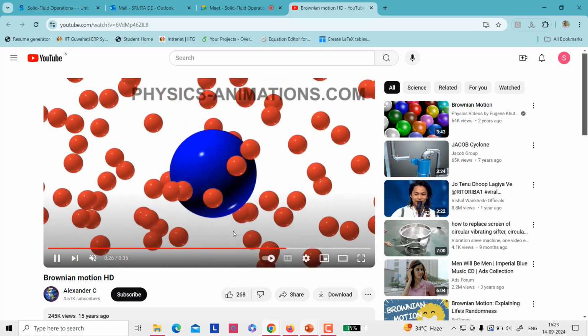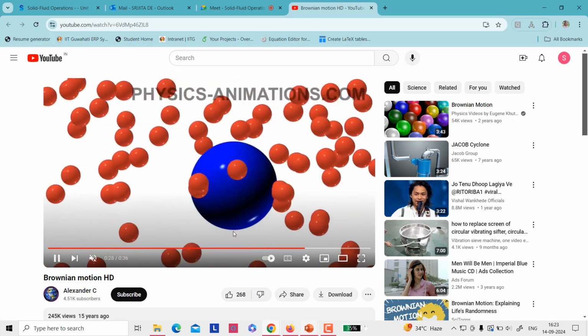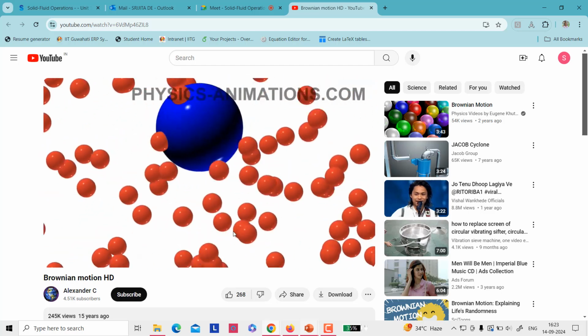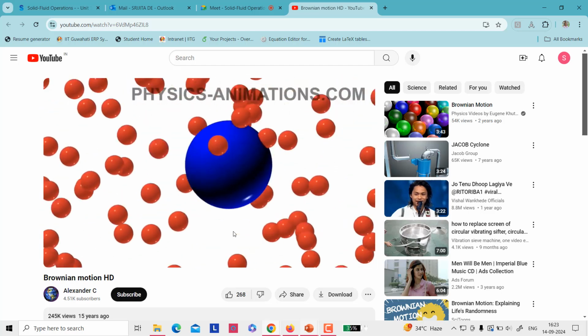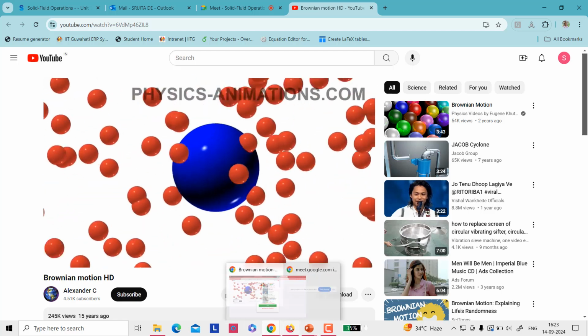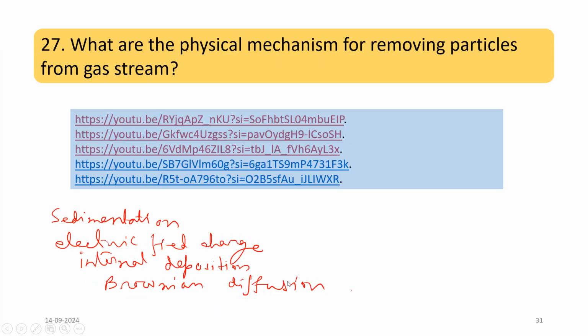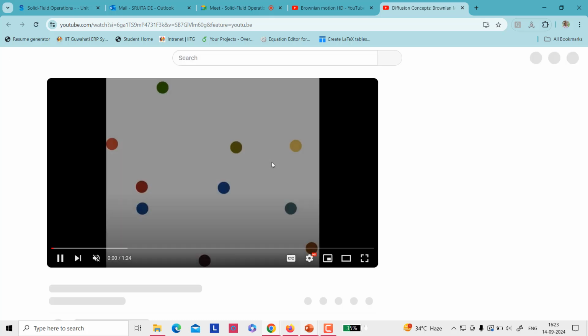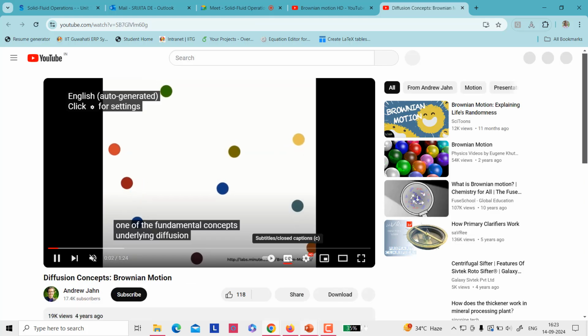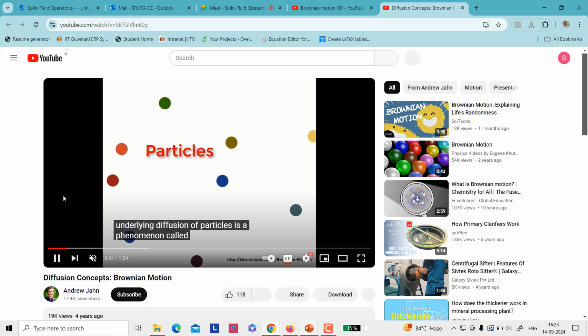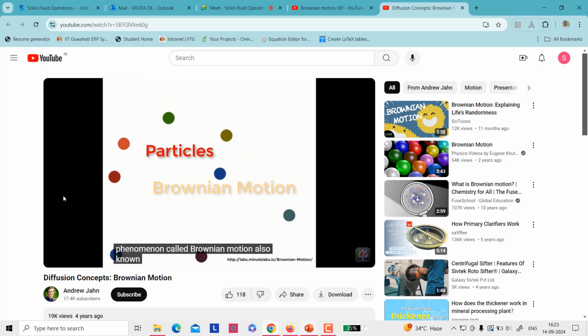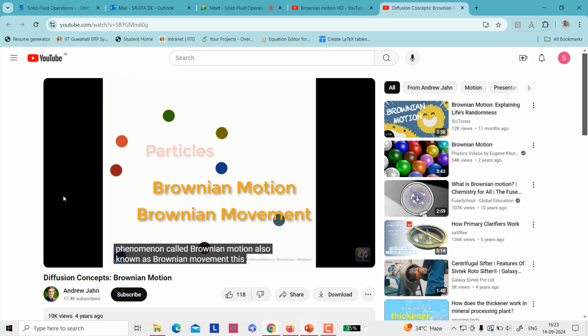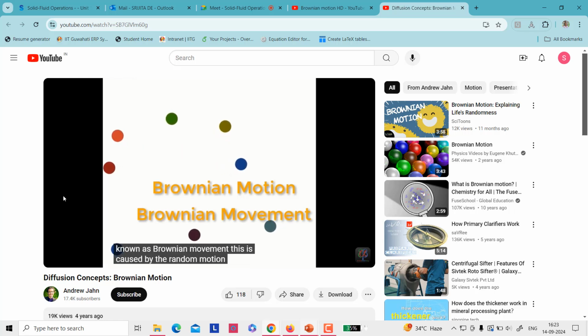So this is the Brownian motion. Here you see these are the particles, and the underlying diffusion of particles is called Brownian motion, the Brownian movement.